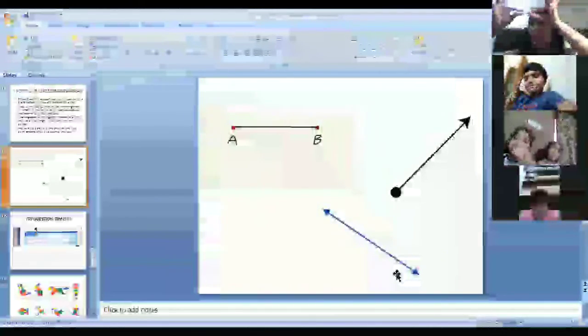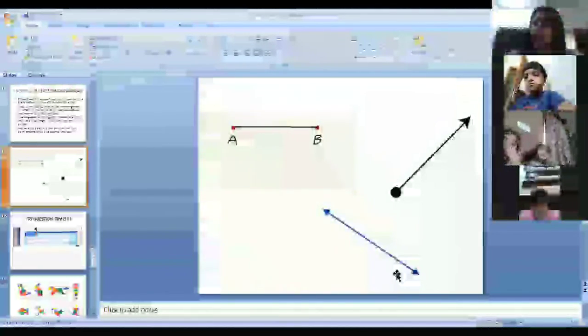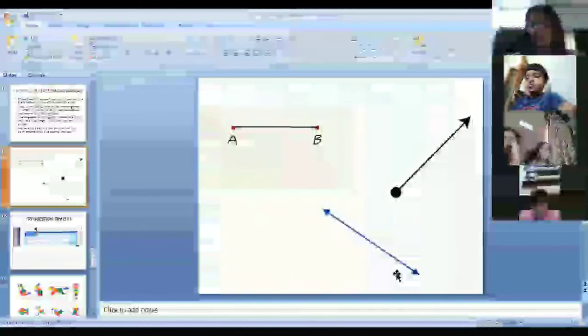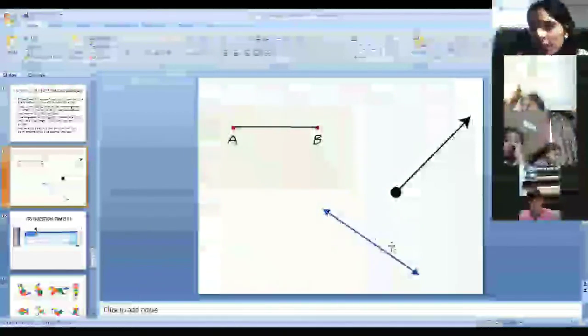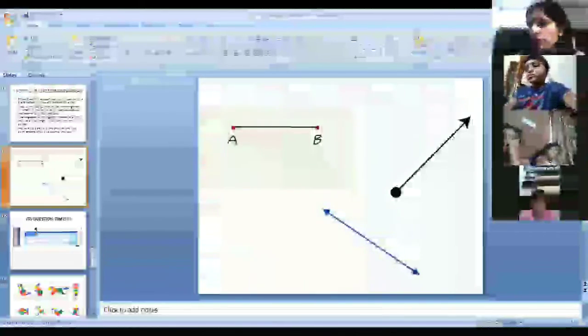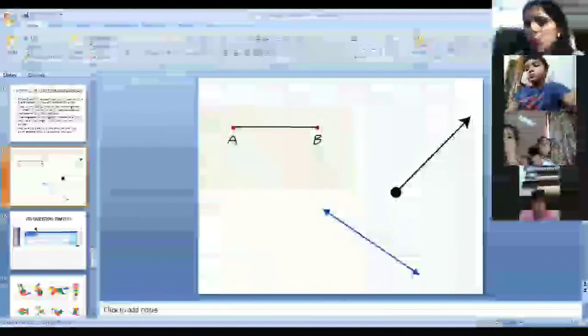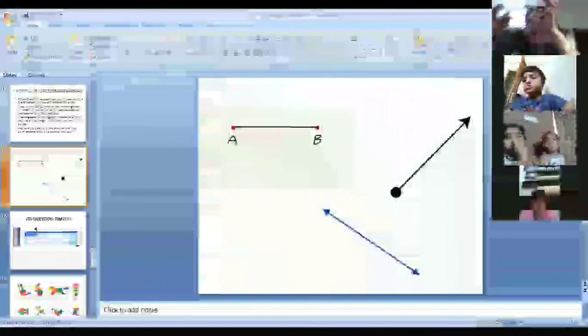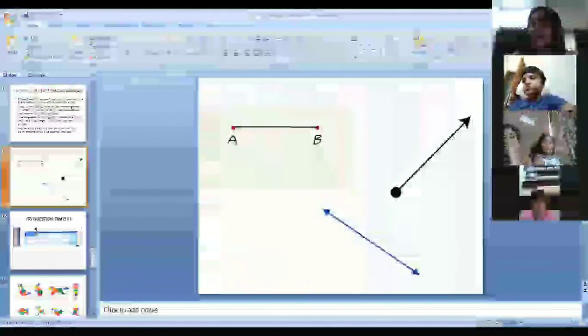It can extend endlessly in both the directions. You can see these arrows. So this line can extend. I can stretch it from this side also and this side also. It means it has no end.